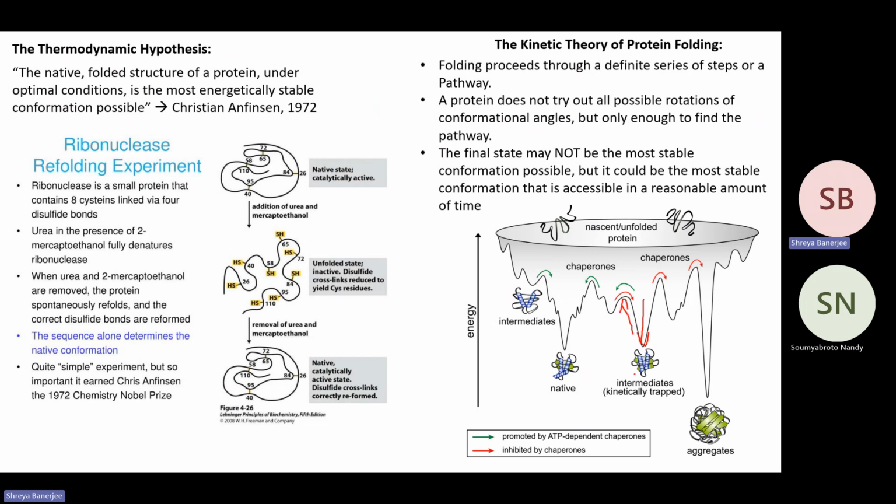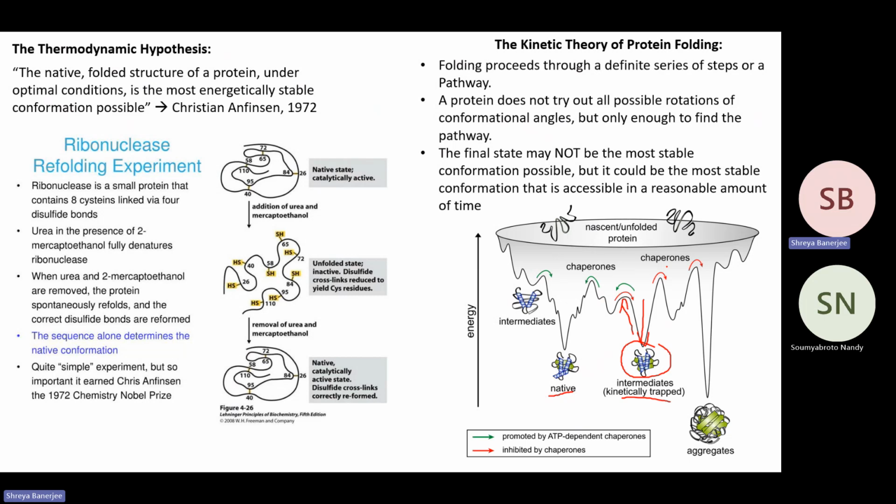Sometimes the protein does not have that energy, so it gets trapped within this state, and that is when we say the protein is misfolded, and that is what leads to diseases. So instead of adopting the native natural state of the protein, if it gets trapped in a different state, it is said to be kinetically trapped, and that is often what leads to diseases.